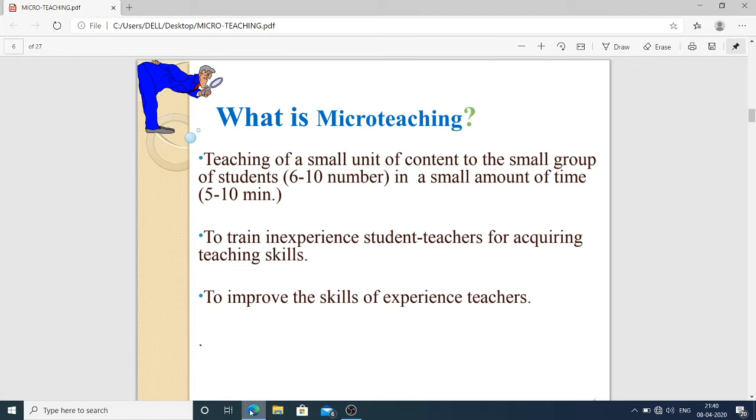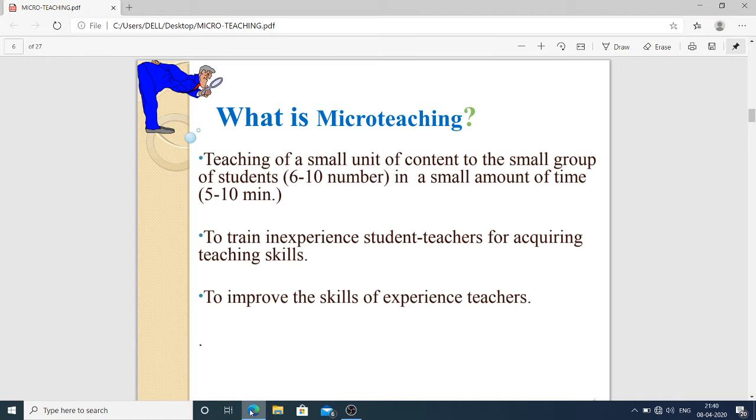Micro teaching is like classroom teaching, but it is for new teachers who are very new to the teaching profession. This is very helpful for giving them confidence, and it is given to a very small group but with preparation. It is teaching of a small unit of content to a small group of students.